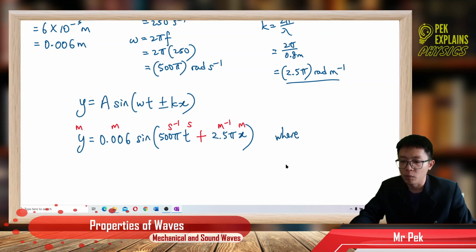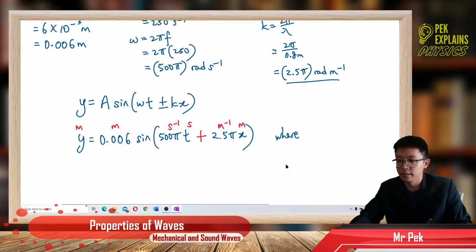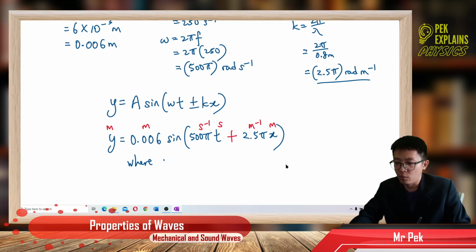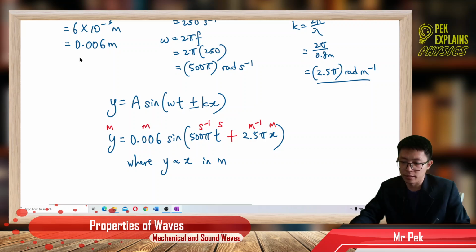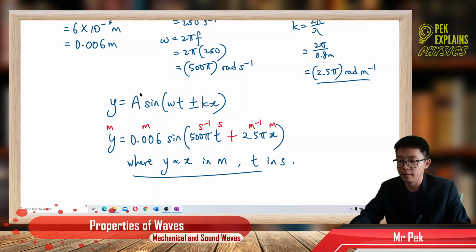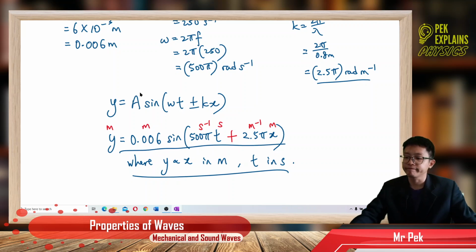Just right below here: where y and x are in meter, both in meter, and t in second. Yeah, that's the answer. x and y in meter, t in second.